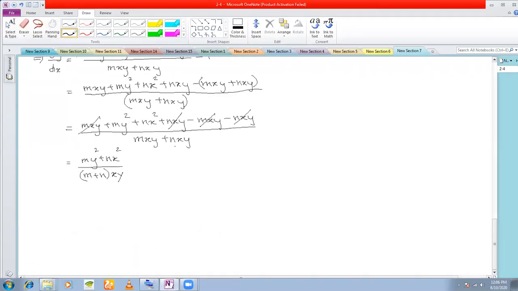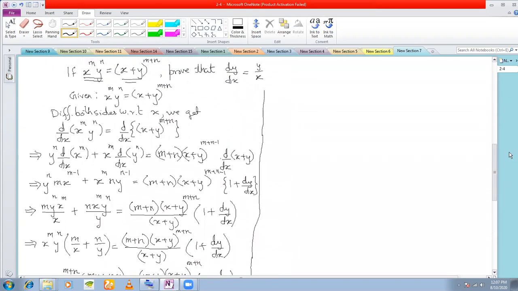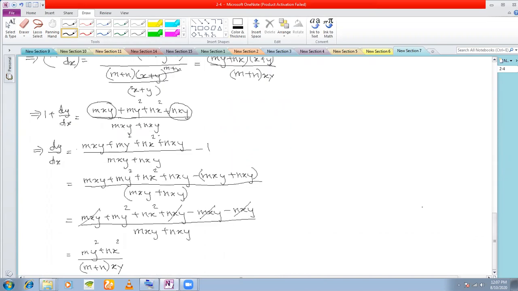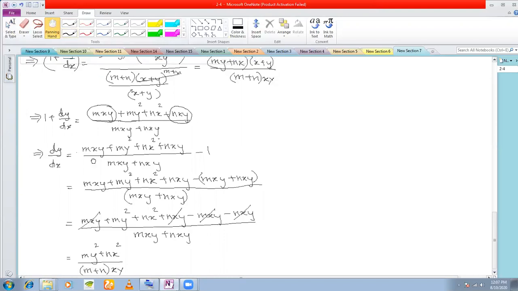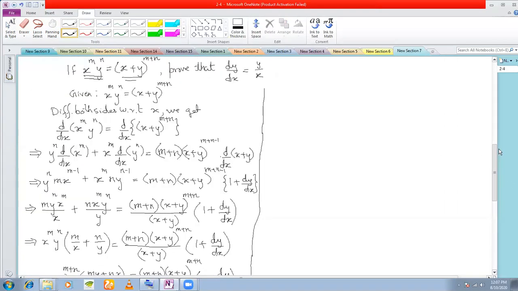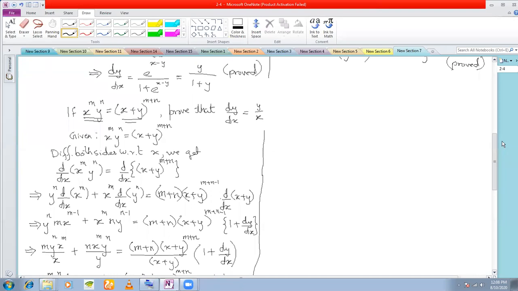Here, then after this, equal to y by x. So this way, prove that dy/dx is equal to y by x.